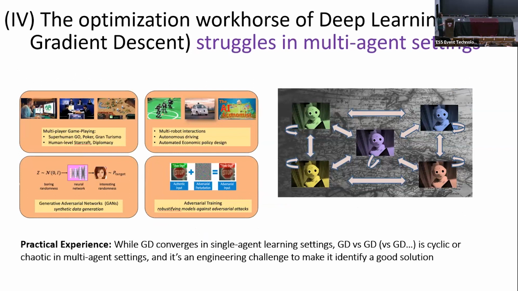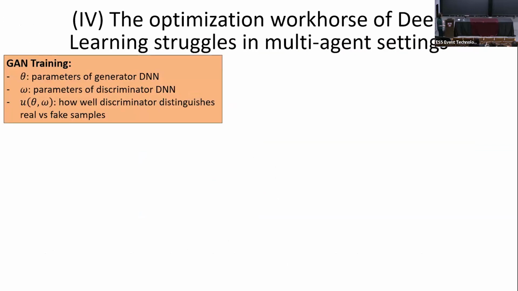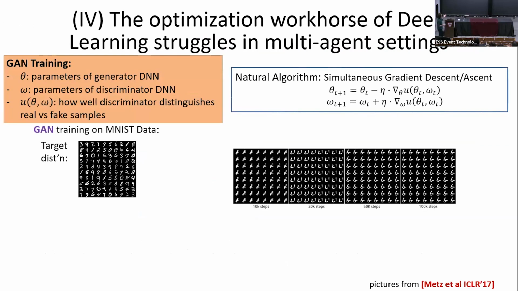So this is my fourth caveat here. If you have many agents in the same environment, and you ask every agent to update their own control variables using gradient descent, what happens is cyclic or chaotic behavior. This is a common experience in practice. Here's an example of that, back to GANs.